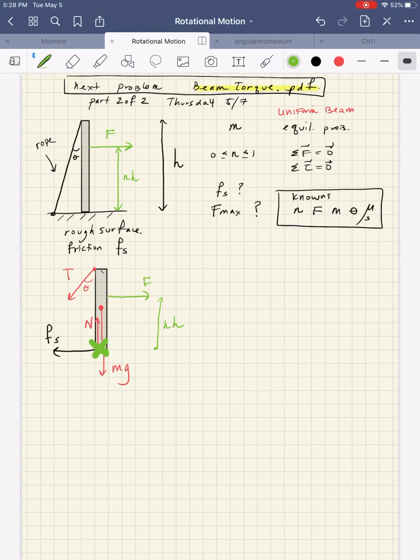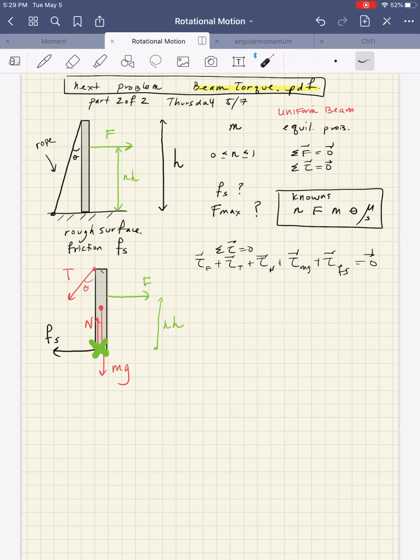I can choose it anywhere, like I said, but honestly, there are 2 forces acting here, static friction and normal force. So when I talk about the sum of torques equaling 0, it's possible I have a torque from every single force. I actually have 5 of them here.